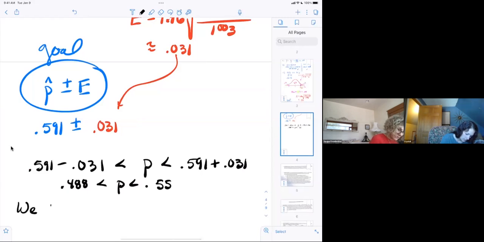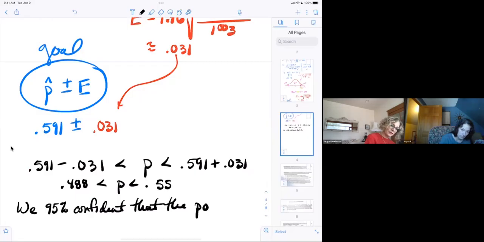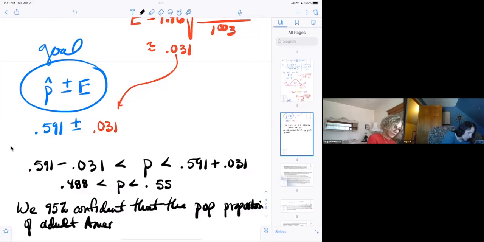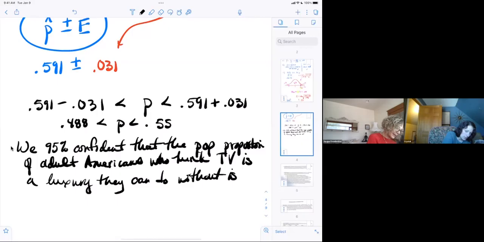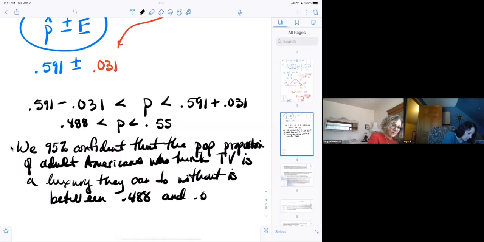So we are 95% confident that the population proportion of adults, or adult Americans, who think TV is a luxury they can do without is between 0.488 and 0.55.